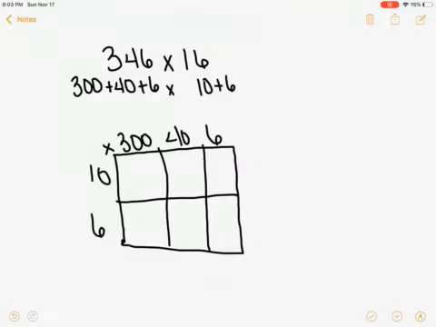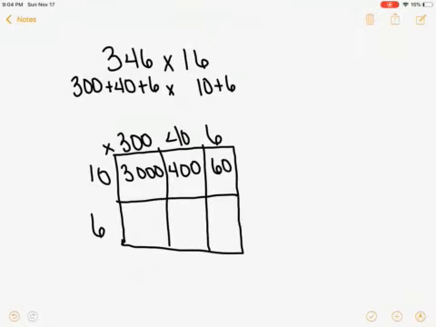So we have 300 times 10, or 3 times 1, which is 3, plus 3 zeros. We have 40 times 10, or 4 times 1, and then add those 2 zeros. And then we have 6 times 10, which we should know is 60.